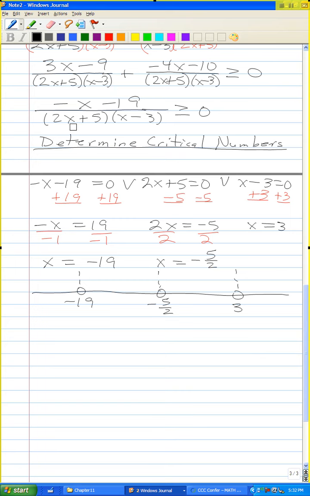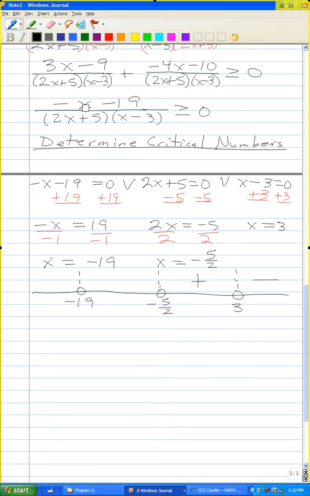Negative divided by positive times negative is positive. And so at 3, well, the multiplicity of the root at 3 is 1. So it's a simple root. Therefore, it has odd multiplicity. And so when I cross the root, it will change sign.